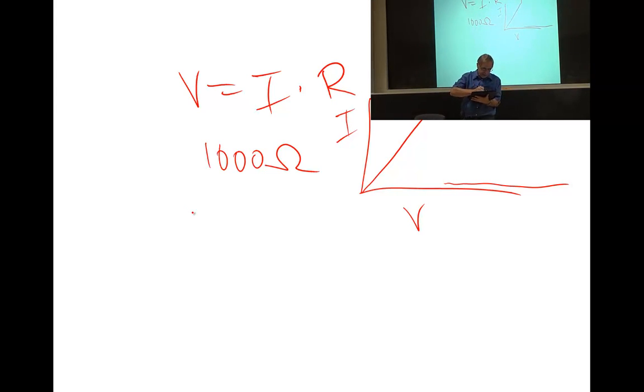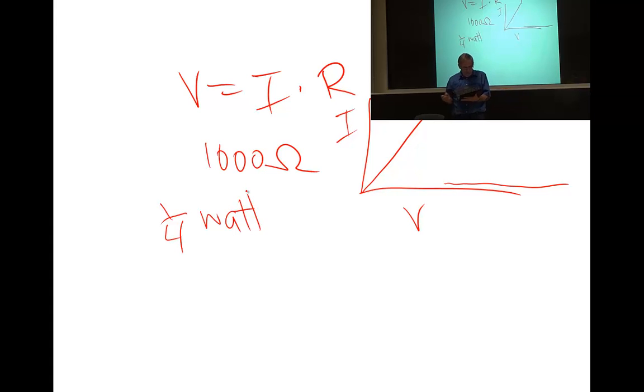Okay, so I'll do a quarter watt because that's easier to do the math. If I have a quarter watt resistor, what does that tell me? 0.25 watts. Okay, that tells me that it's already 1,000 ohms.